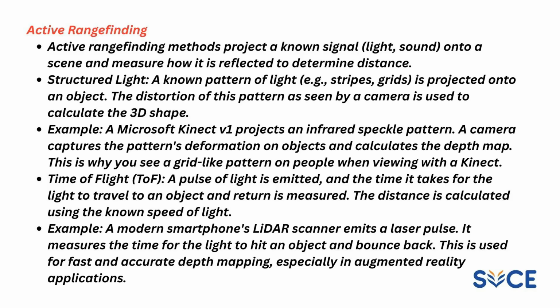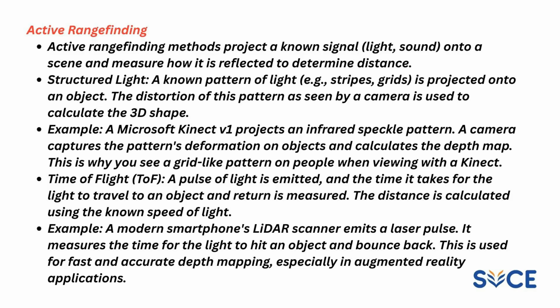First, I will start with structured light. This method projects a known pattern, such as stripes or grids, onto an object. A camera observes how the pattern bends or distorts on the surface, and from this deformation the 3D shape can be reconstructed.